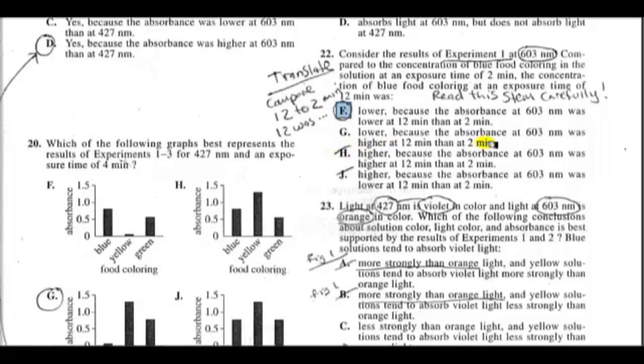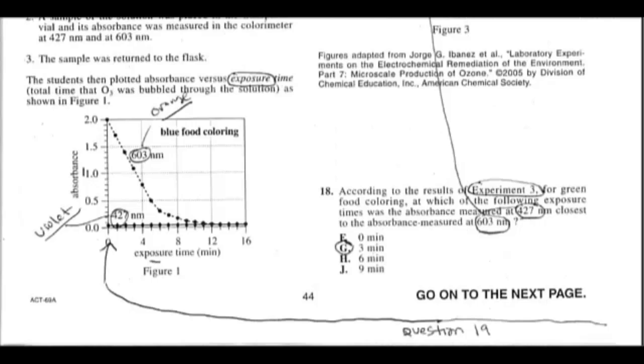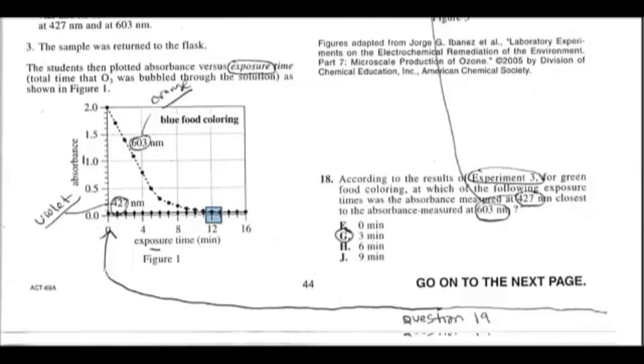It says lower because the absorbance at 603 was higher at 12 minutes than it was at 2 minutes. Well, you know that that's wrong. If you look over here, that says 12 minutes was higher than 2 minutes. And here is the 2 minute mark. You see that that's just flat out wrong and backwards.